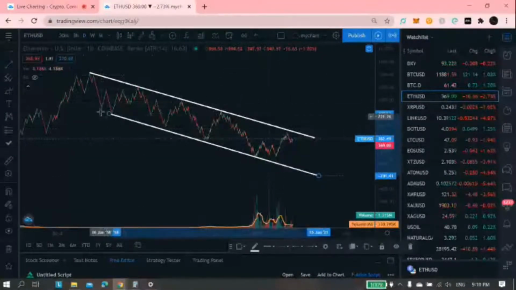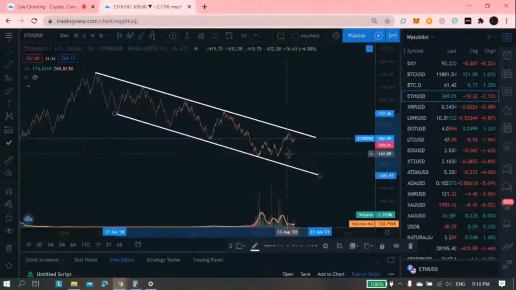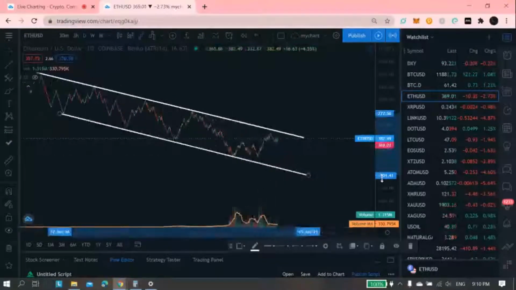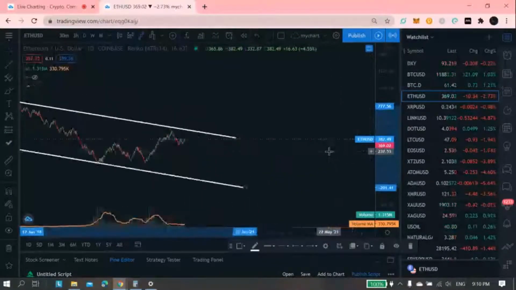See the trend from January 2018 until October 2020, still in this long-term downtrend channel, unlike Bitcoin, which already broke that channel.